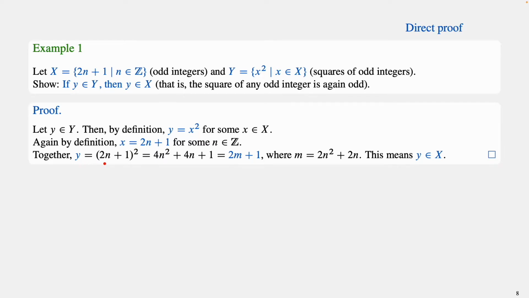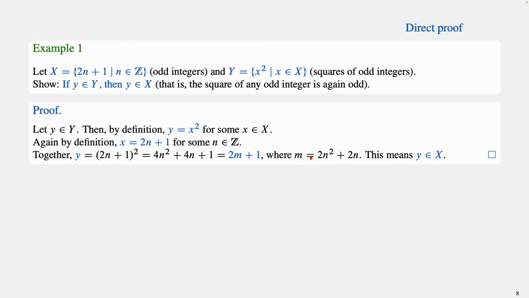y is the square of the odd number 2n plus 1, which was just our x. And if we expand this expression here, we get 4n squared plus 4n plus 1, which equals 2m plus 1, where we take m to be 2n squared plus 2n.